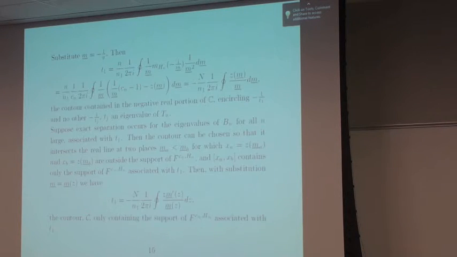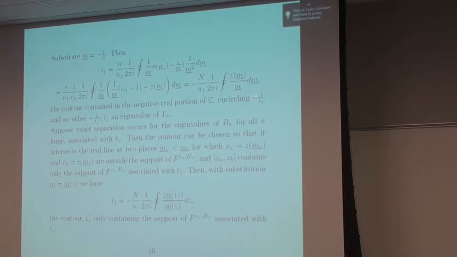So we have this expression. Then we do a change of variables, minus m bar is minus 1 over y, and we find that t1 can be written this way, where now we have the Stieltjes transform of Hn, and write it in terms of that function Z of m.